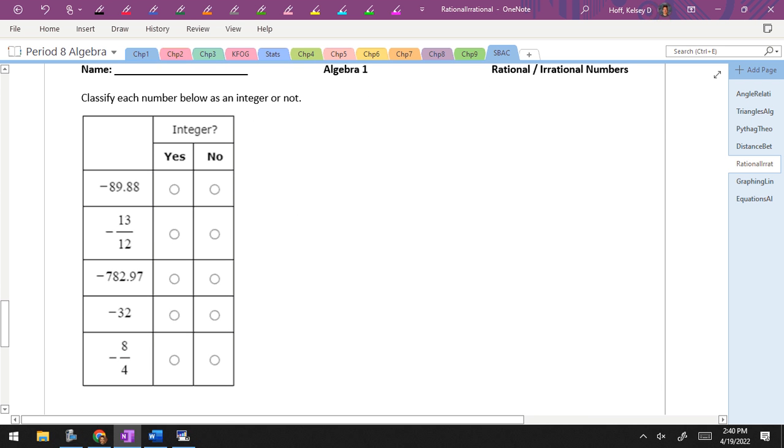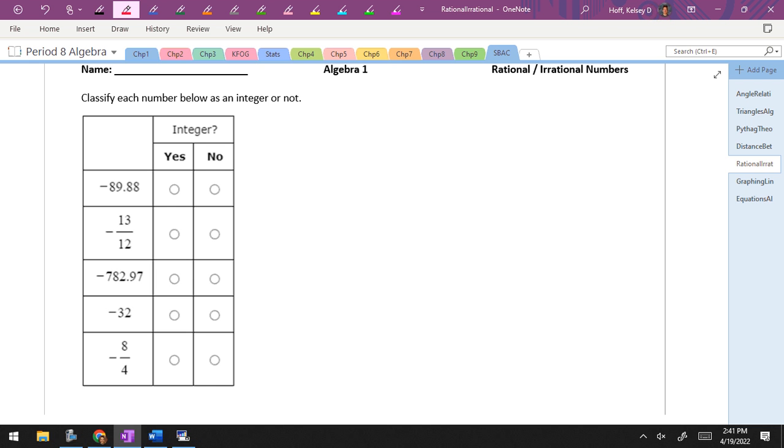Okay, take a minute. Determine whether or not those numbers are integers. Yes or no? You're determining if it's an integer. What's an integer?